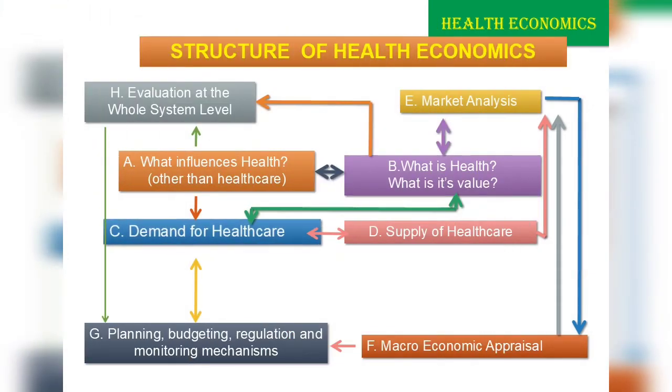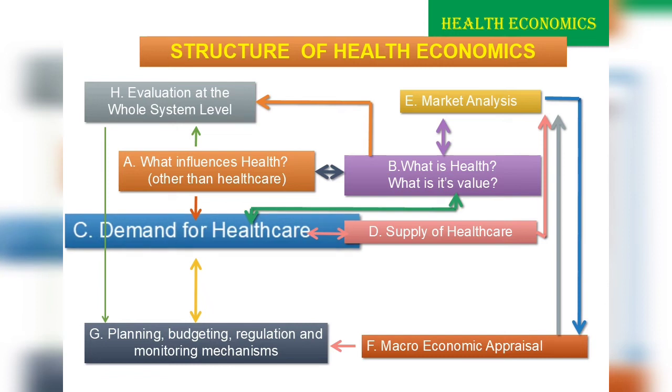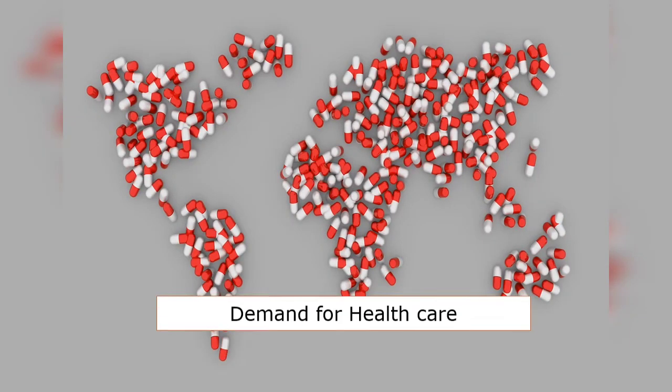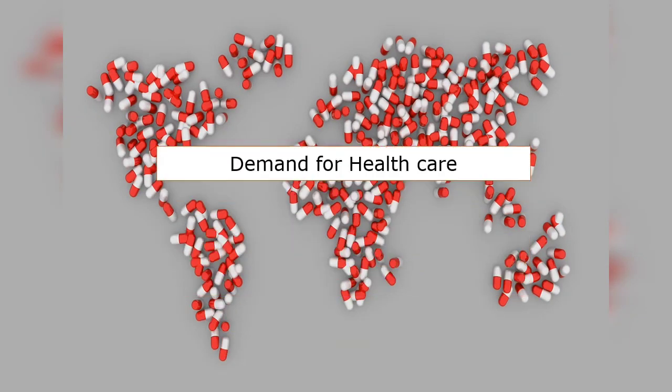Then the demand for healthcare. The demand is derived from the demand for health, and it comes logically after the determinants of health. Some of the basic health concepts are health status, health seeking behavior, choice, and system of medicine.